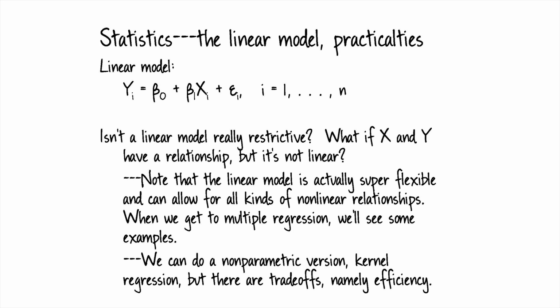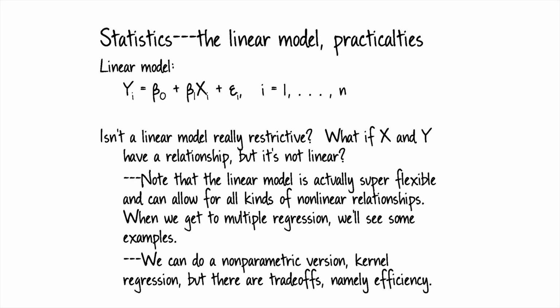One additional comment I want to make about this is that we can do the non-parametric version of a linear regression that Esther talked about last time, a kernel regression. Researchers do estimate kernel regressions, and they're useful in a lot of situations, but there are serious trade-offs, and there are very good reasons why the linear regression is the workhorse that it is.